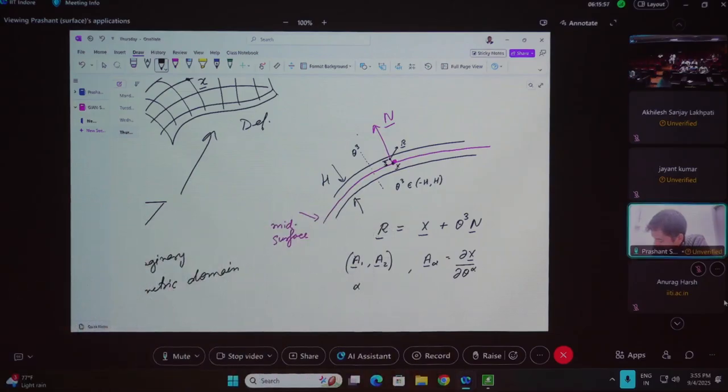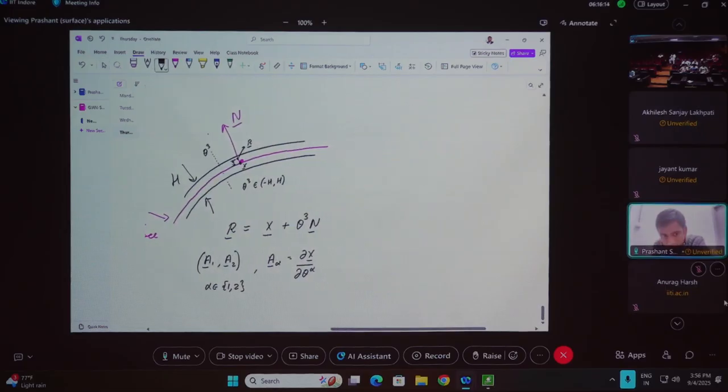So alpha is between 1 and 2. We just use a letter alpha to keep things easy for us. And then you can say, okay, the normal vector is just the cross product between A1 and A2. So you can define things in a straightforward manner.